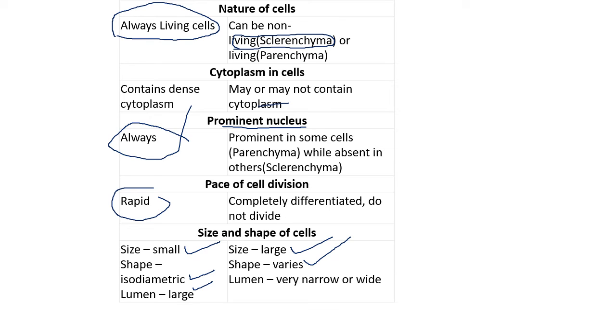For example, in case of parenchymatous cells, it can be oval or round. And if you look at the structure of the collenchyma and the sclerenchyma, the shape may vary. It may be polygonal, and so on and so forth, and lumen is very narrow or wide.